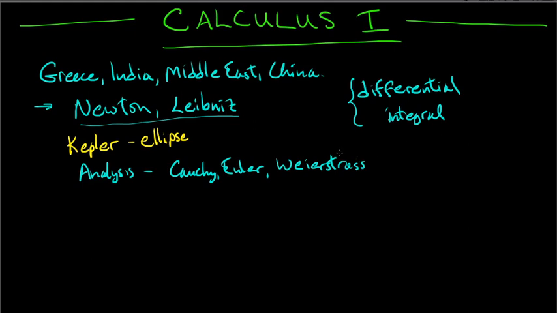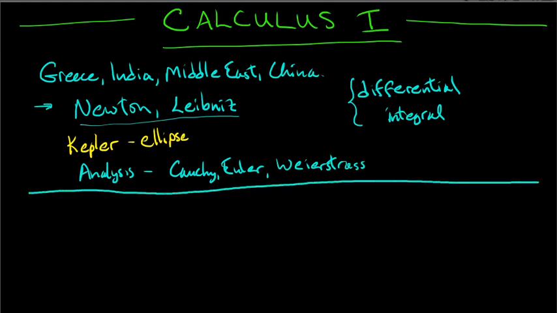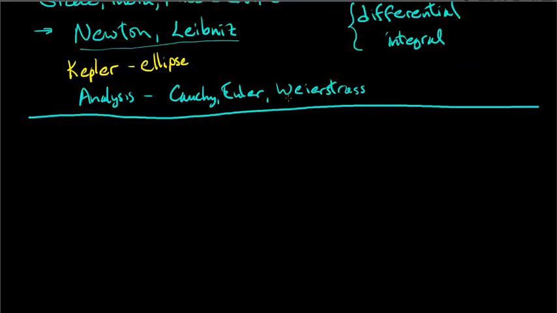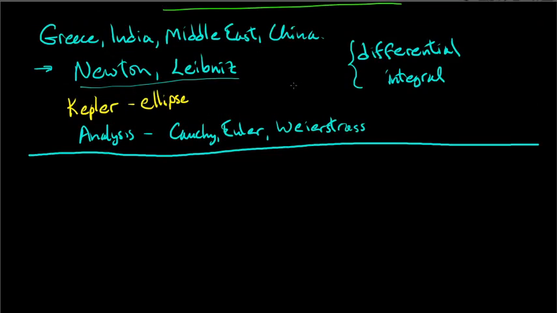They essentially made the mathematical framework rigorous by proving a lot of things that Newton and Leibniz just took for granted. Okay, so I think that's all I'll say about the history. Of course, it's way bigger than what I've described here. But it's not a history course. It's a math course. So let's get into the math.